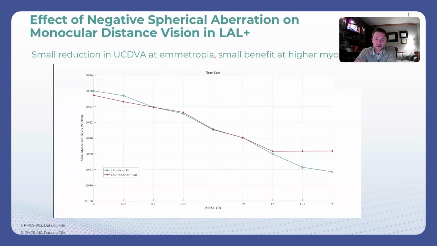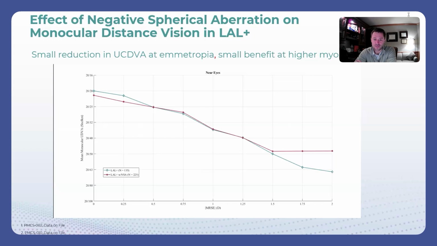So what we're looking at here, as Eva and Seamus and a lot of people here know, with the LAL specifically, we have the ability to add an optional negative asphericity. Since the nomogram changed a few months ago with the LAL plus, we don't have the ability to add the negative spherical aberration anymore.